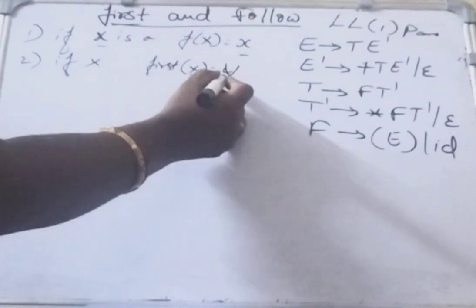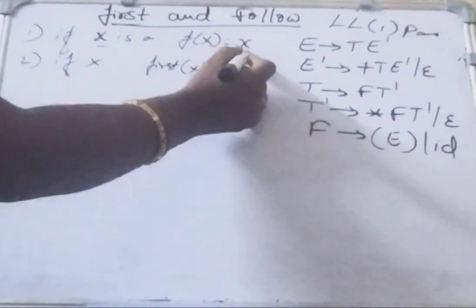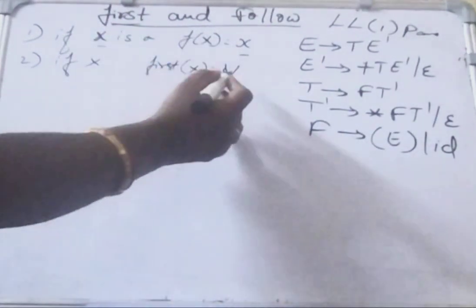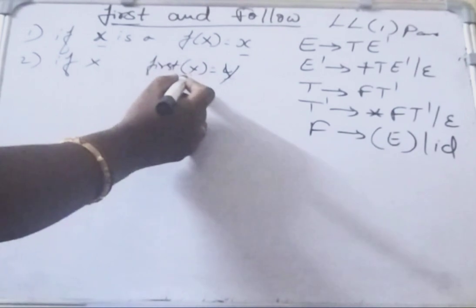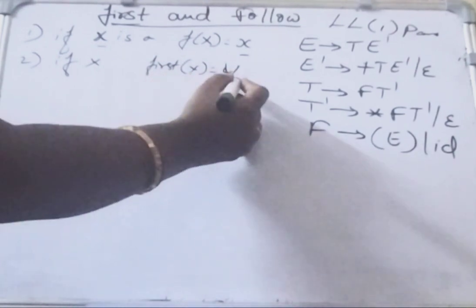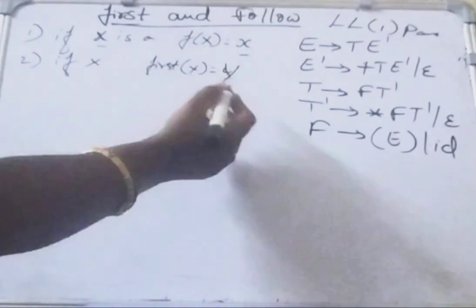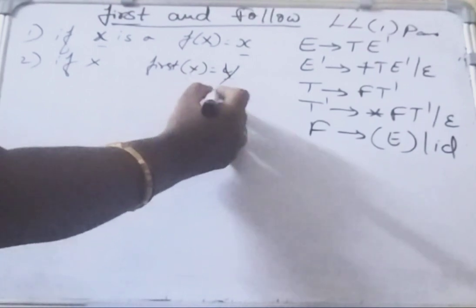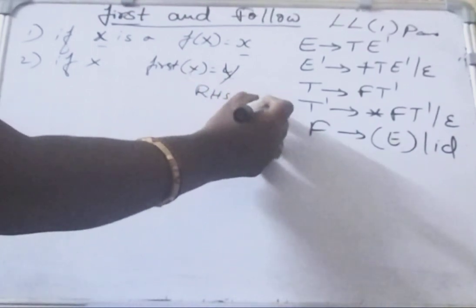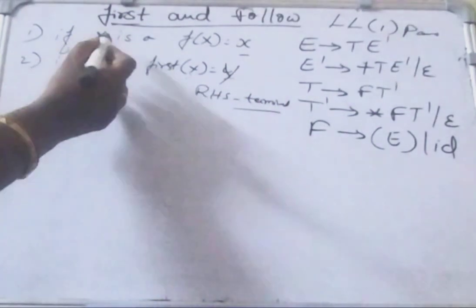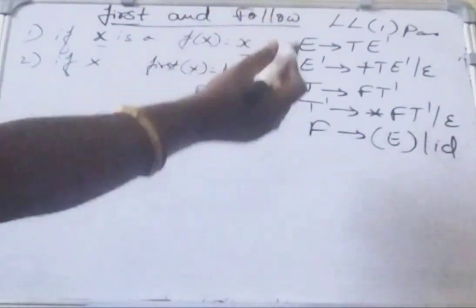You have to continue until you identify a terminal symbol. Whatever is the first of y will be added to first of x. The first symbol at the right hand side should be a terminal symbol, and that is what we call first of that symbol.